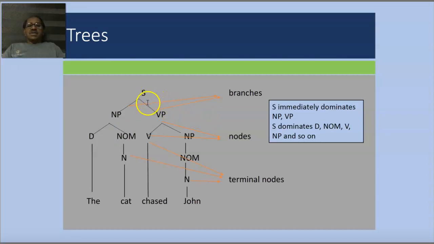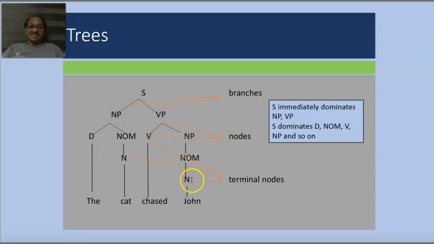But there are other notions which we have already seen in the earlier courses. Immediately dominate or dominate. So here S dominates or immediately dominates NP and VP. But you can also say S dominates D, nominal, V, NP, and so on.